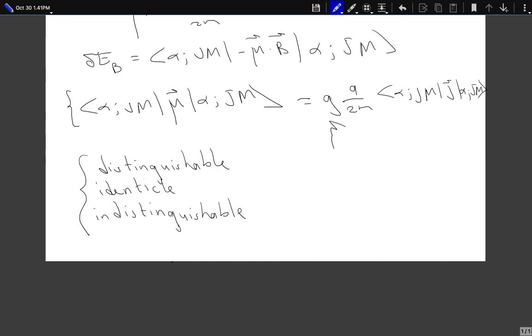You can just label each electron by their initial condition. So although they have the same properties, I can determine, classically speaking, which particle came from which initial point. So I can distinguish them by these labels. But quantum physics tells me that I cannot even label them.